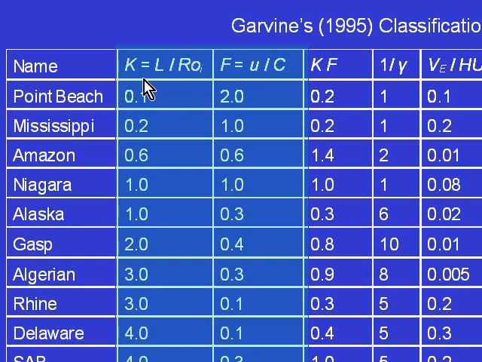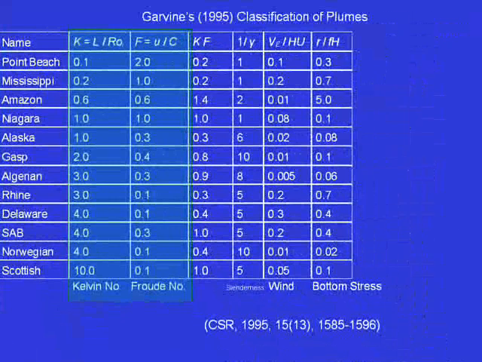So remember the Kelvin number: if the Kelvin number is larger than 1, it means that the discharge is greater than the internal Rossby radius. So within that length scale you have a geostrophic balance, the internal radius of deformation. When you have a Kelvin number that's very small, it means that the discharge has a small scale, that it doesn't even span an internal Rossby radius. That's when the Kelvin number is small.